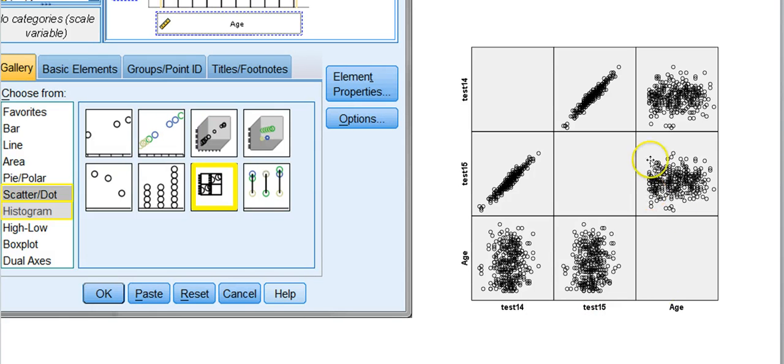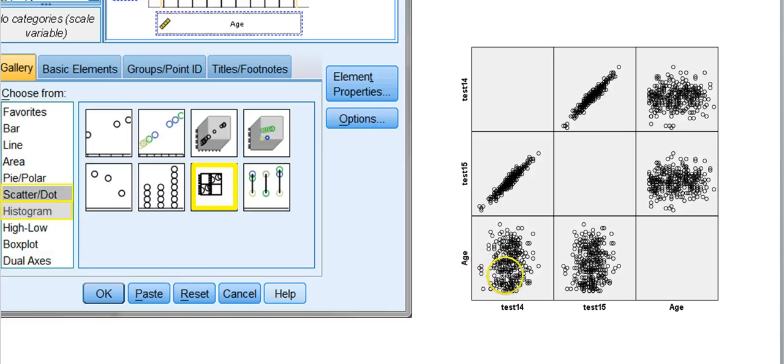What you're looking for here, remember one of the assumptions of the correlation is that they have a linear relationship. And so here between test 14 and test 15, you can see a very nice lineup of the circles into a line. So you definitely feel comfortable that there's a linear relationship with test 14 and test 15.